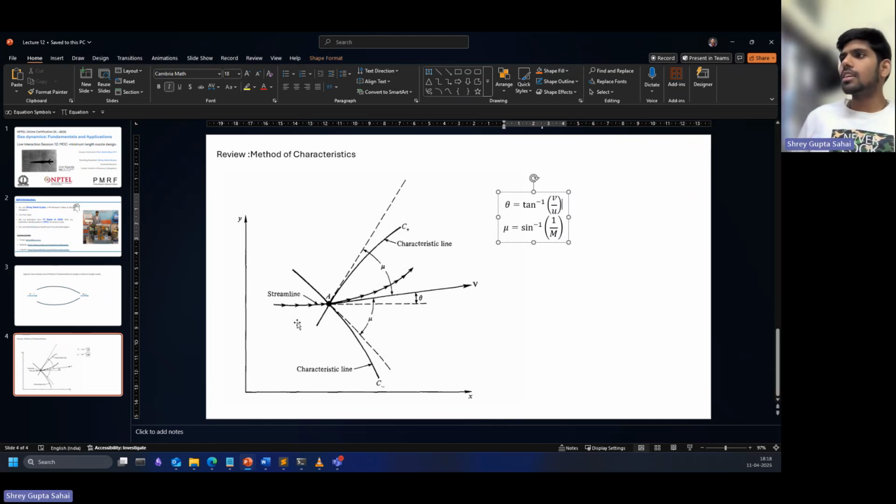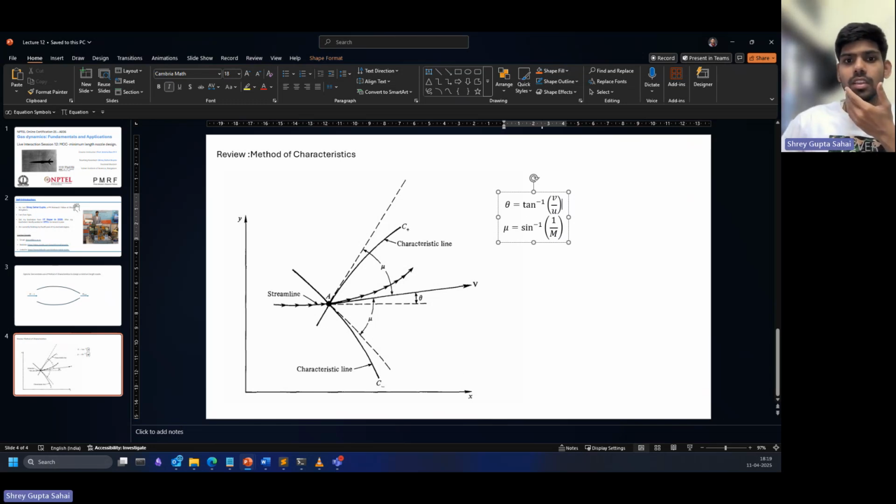Again, characteristic lines, as you move away, will not necessarily be straight lines. They can be curved. So this mu line will change as you keep changing your x and y location; you will see your mu values change.